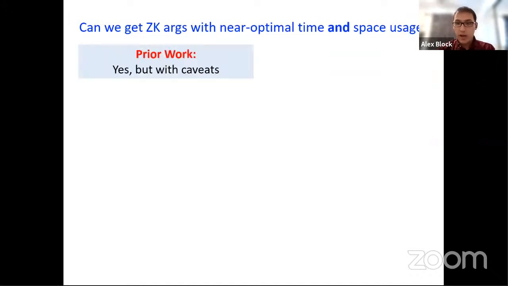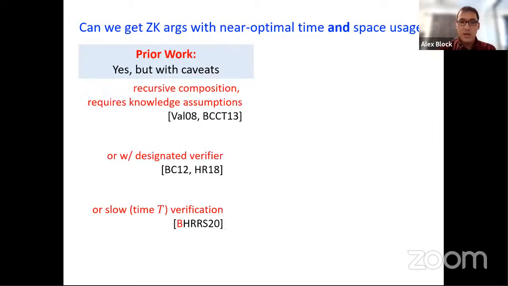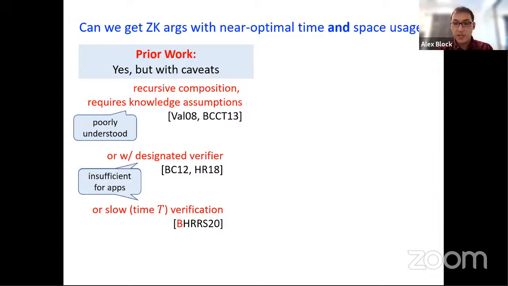Well, there are some prior work known, but they have some rather undesirable caveats. So some constructions use recursive composition, which require knowledge assumptions, which are poorly understood. Other constructions are designated verifier, which means the verifier needs to keep some secret state, which is undesirable again for applications.